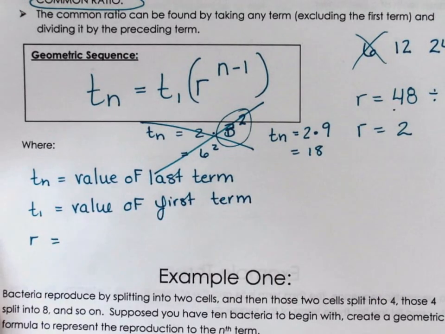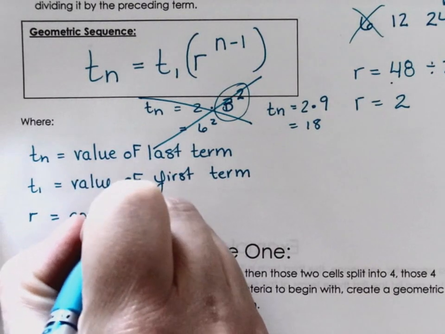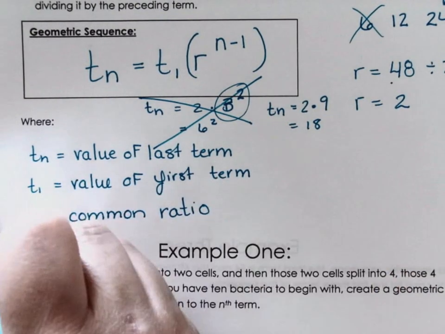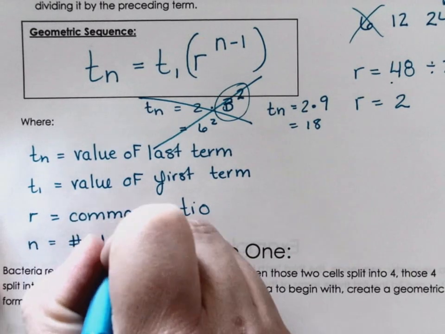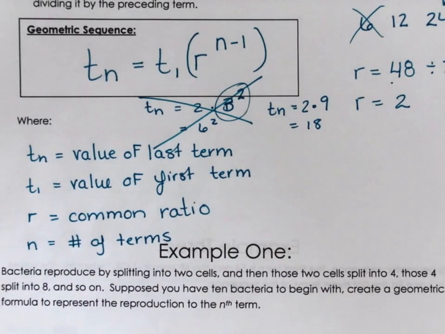What did I say r was? Common ratio. The thing you're multiplying by. And the n? Number of terms. So really, this isn't that different from arithmetic. It's a different formula, and we're multiplying things.